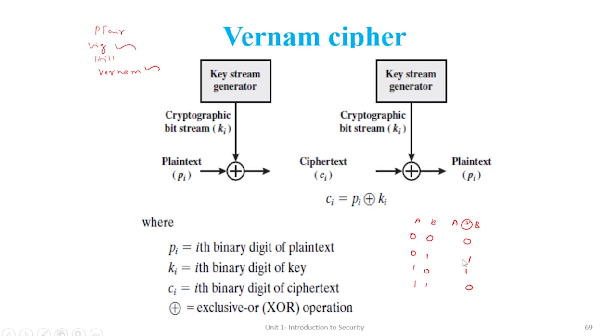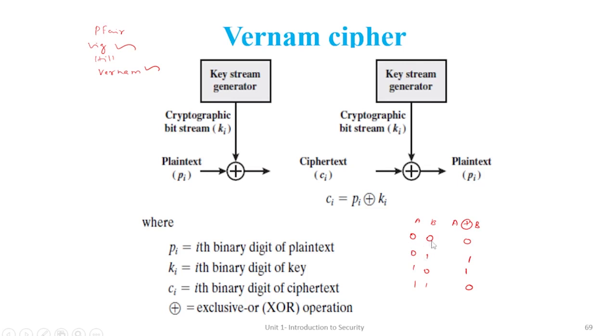Then we should know the exclusive OR operation. If A and B values are given, there are four possible combinations: 0 0, 0 1, 1 0, 1 1. For the exclusive OR operation, if the two bits are the same, the answer is 0. If the two bits differ, the answer is 1.